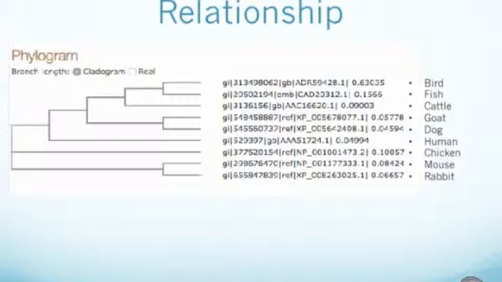To lay out this information of relativity a little differently, I made a phylogram. This confirms that the human and the dog are most closely related on an evolutionary scale. You can see that the chicken doesn't seem to be related much to any other organism on the evolutionary scale because the line doesn't have a distinct relationship with any other organism.